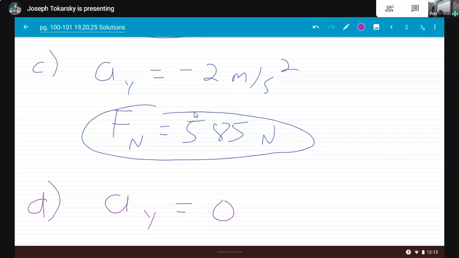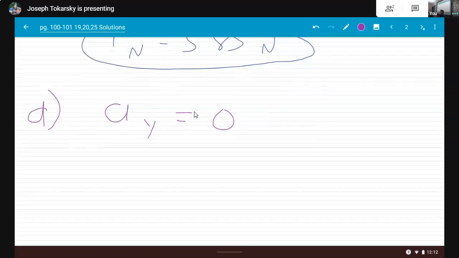If my acceleration is 0, I already solved for that back in part A. The normal force reading was also equal to the normal at rest weight because at any constant speed, that's a form of equilibrium. So we could just restate our answer of 735 that we got in part A.